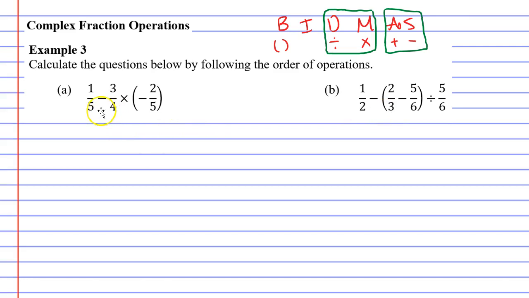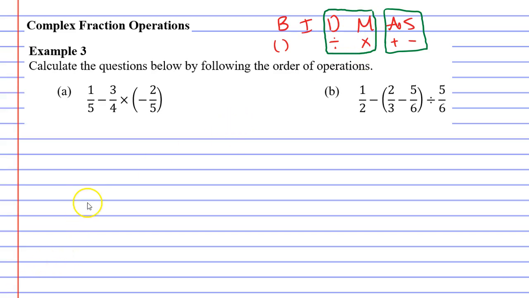You'll notice that our question has subtraction and it also has multiplication. And if we follow the order of operations, we're going to do the multiplication first. Now to help you see what I'm doing, I've created a red rectangle like so. Whatever is inside the red rectangle is what I'm going to calculate first.